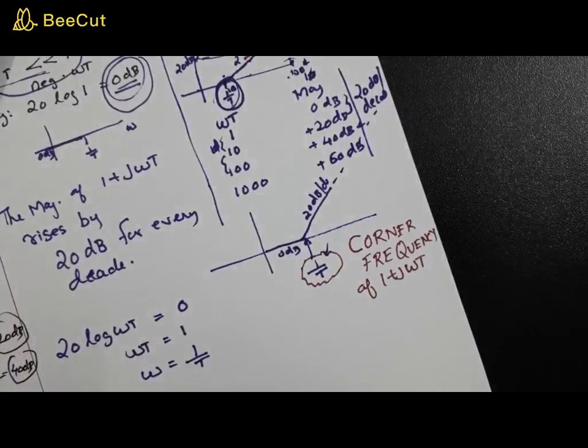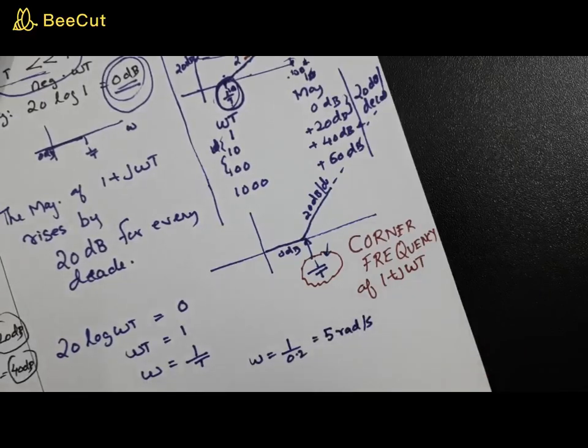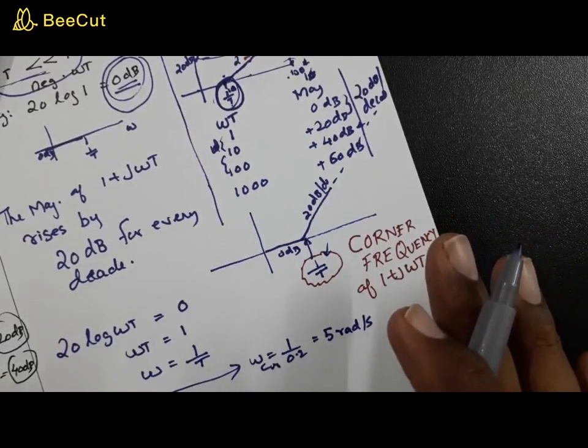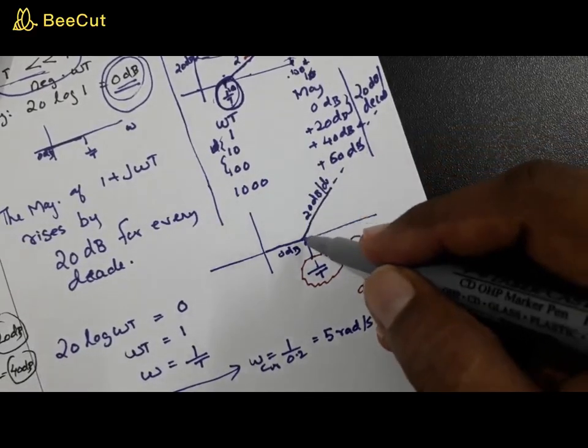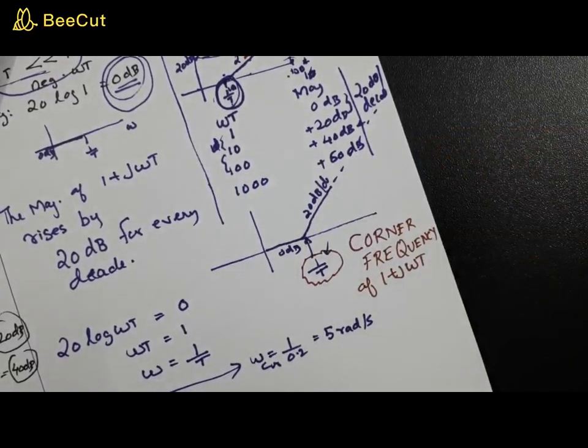So what is the term along with j omega? Here it is 0.2, so omega is equal to 1 by 0.2, which is equal to 5 radians per second. Now for this term, the corner frequency is actually 5 radians per second. Omega corner is 5 radians per second, and later you will understand the sense. So this is very important, because this is the point from where we need to draw the rise of 20 decibel per decade. Okay, right?